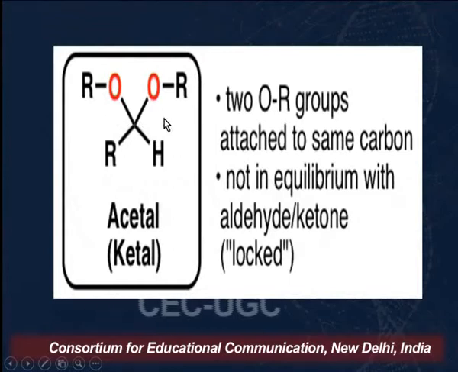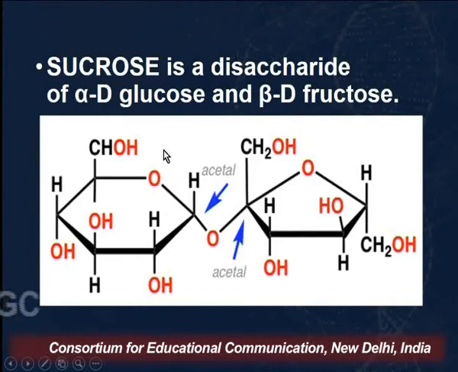Since it is stable in basic medium, it will not undergo ring opening, and if it will not undergo ring opening, it will not be in equilibrium with the aldehydic or the ketonic form. That is, the molecule is locked, and therefore it will not give you a positive Fehling's test.